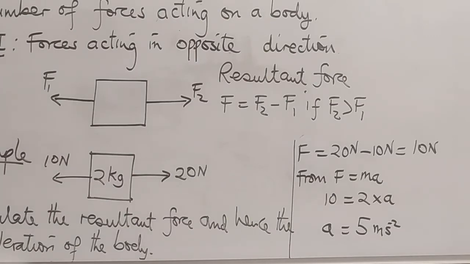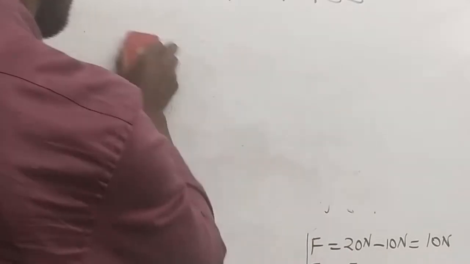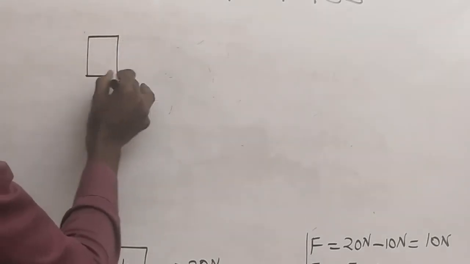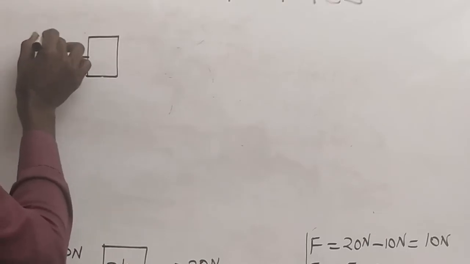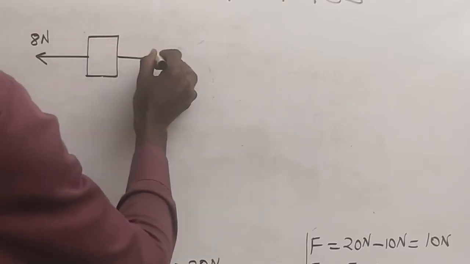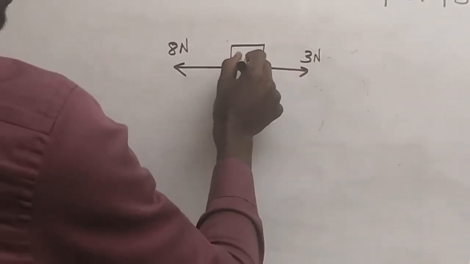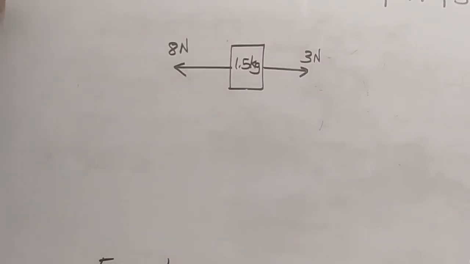It is also correct. If you have a case where the bigger force is acting to the left, so this is our body, and there is a force of 8 newtons here, and here we have a force of 3 newtons. This is a 1.5 kilogram mass. So what is the resultant force?